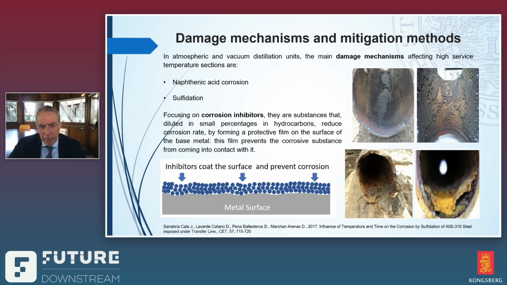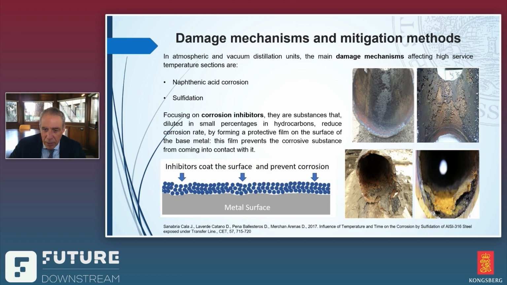So we can see the damage mechanisms and the mitigation modes in these sections. They are caused by higher acid content, naphthenic acid content, or higher sulfur content. In our work, we have used corrosion inhibitors that form a protective layer on the metal surface.